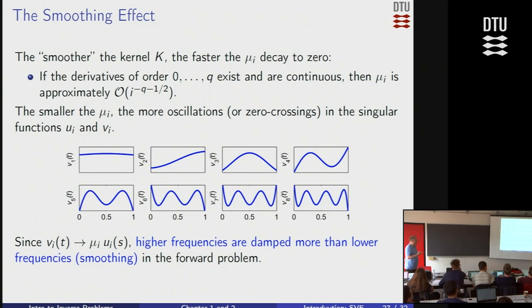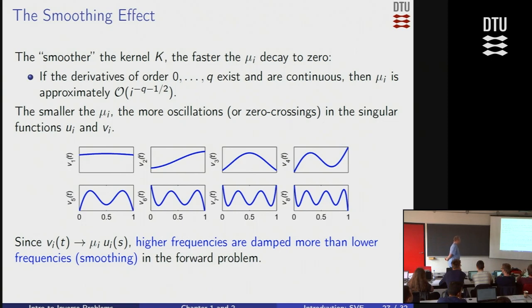They seem to be more and more high frequent. You can see that from the picture there. So this is an illustration of that fact. To some extent, this can be proved: for many of the problems you encounter in practice, the u's and the v's have this oscillation property, that the higher the index, the more high frequent they are.